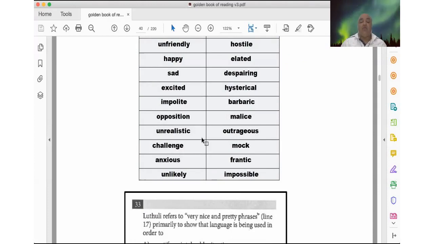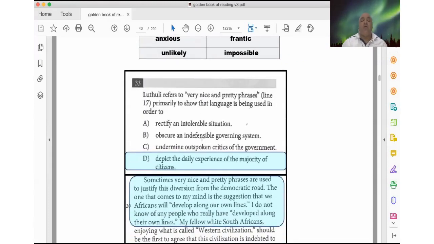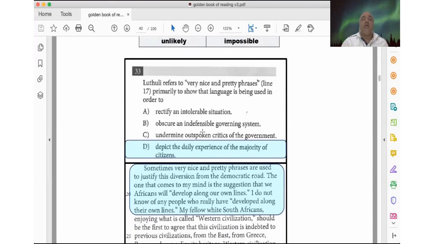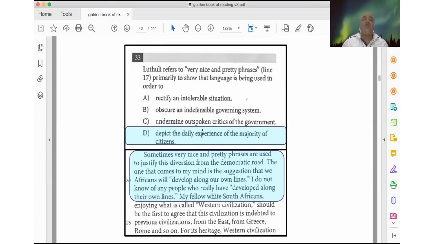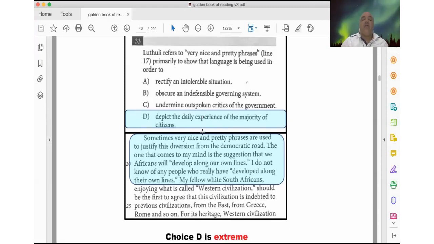I have an example here from one of the RealSat tests. Look at that. Question number 33 says, Luthuli refers to very nice and pretty phrases in quotation marks in line 17 primarily to show that language is being used in order to. This is, by the way, a function skill. I have 4 choices.